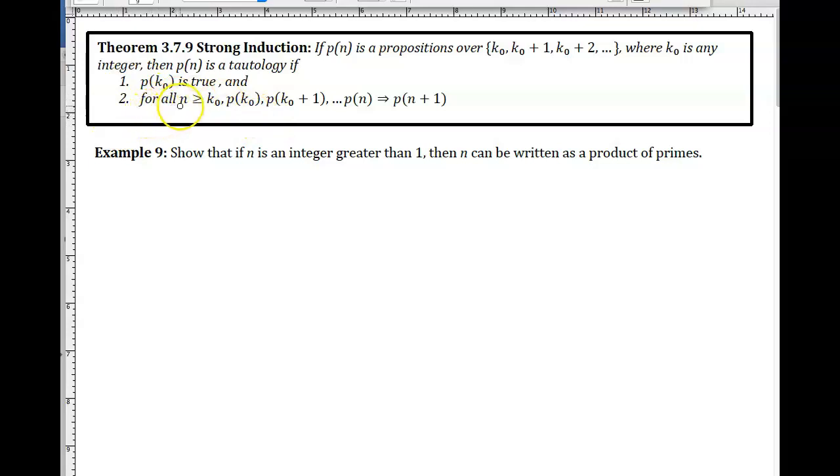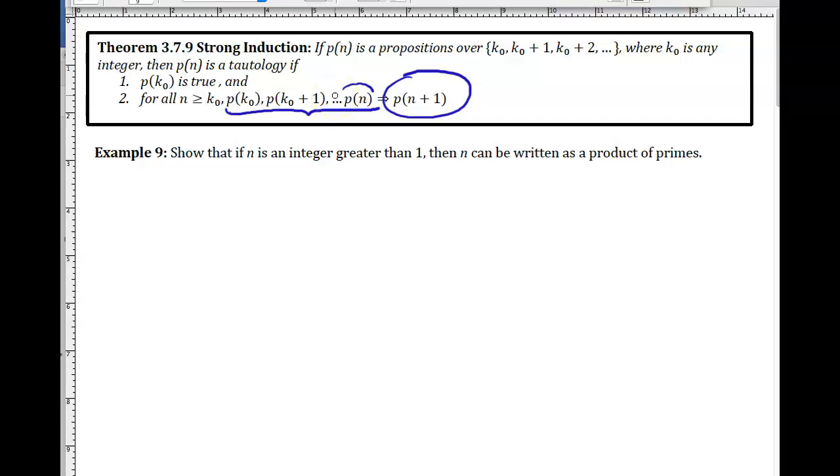It says that for all n bigger than or equal to k0, we're going to assume that all previous statements are true, and that will lead us to P(n+1) being true. Just assuming that P(n) is true for some problem is not sufficient to prove P(n+1).